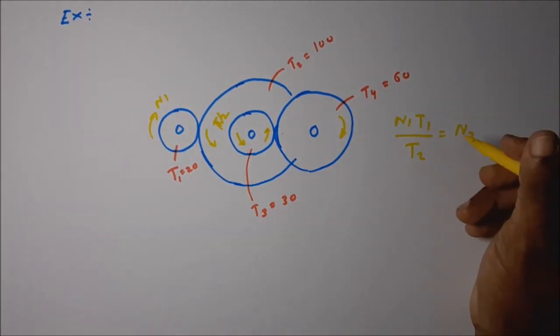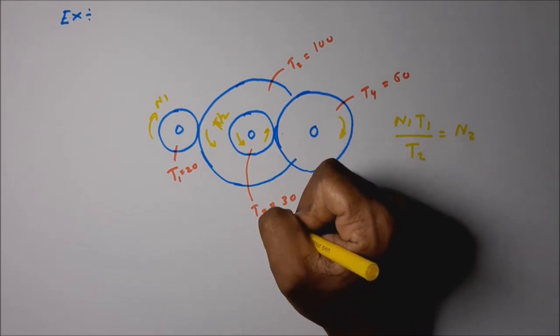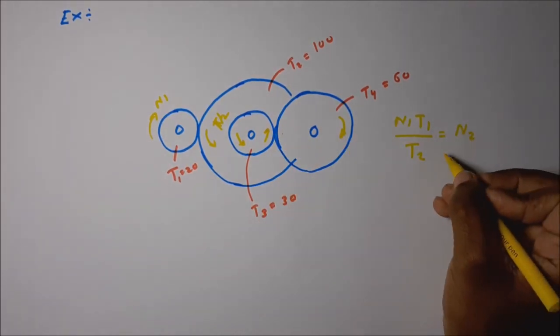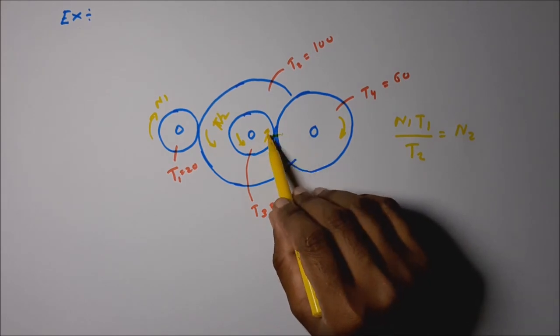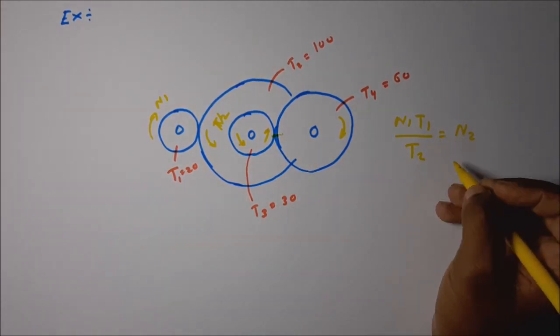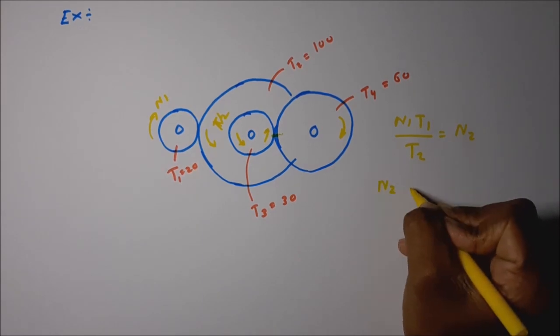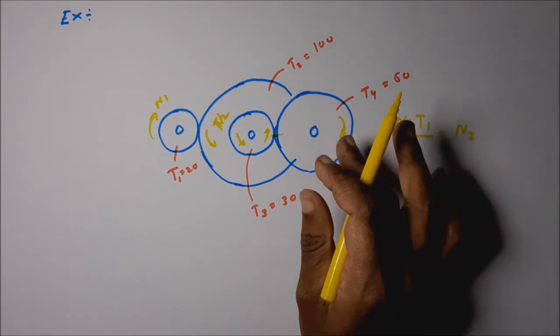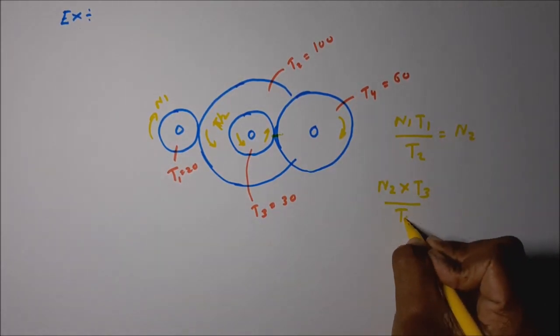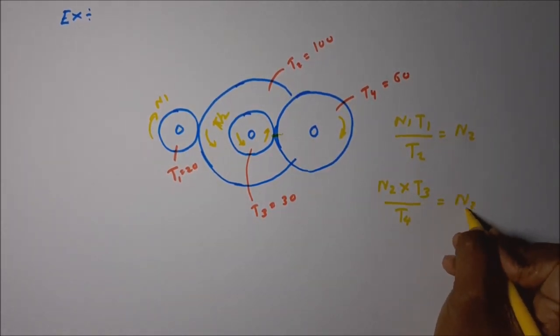Okay. So then if this has T3 teeth, how many teeth of the gear wheel are contacting this second gear wheel when it rotates N2 revolutions? N2 into T3. If this has T4 teeth, we are getting the output as N3.